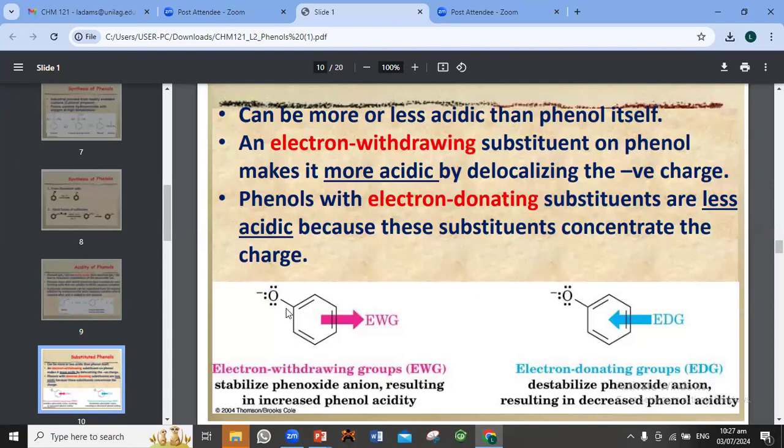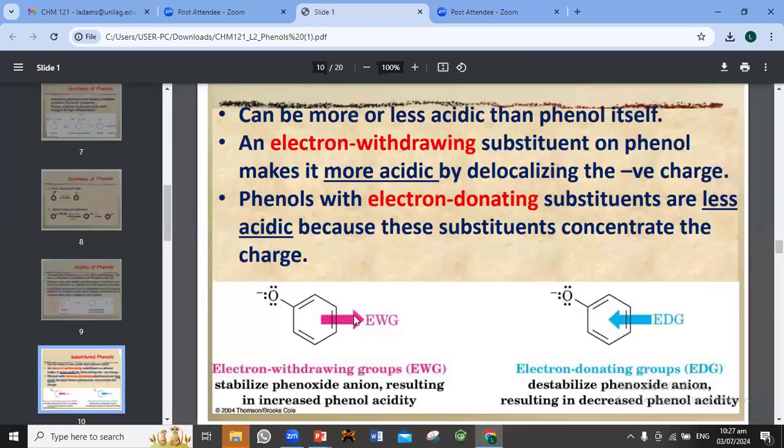So what I'm saying is that we say a phenol is acidic because it can ionize and therefore liberate the H+ and the O-. But the point is, when the benzene ring is substituted, the substituent will influence the OH functionality.